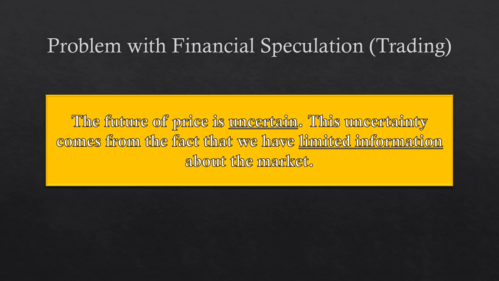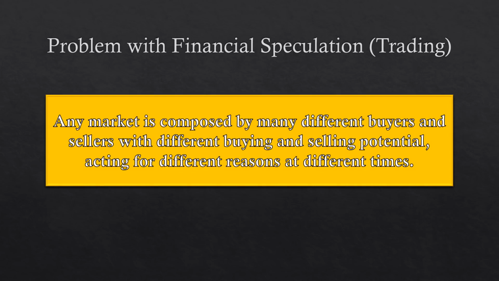When we look at a price chart, we are looking at the final representation of the battle between buyers and sellers in its recent past. However, we cannot perfectly understand all the intentions of buyers and sellers in the market. Any financial market is composed of many different buyers and sellers with different buying or selling potential, acting for different reasons at different times.